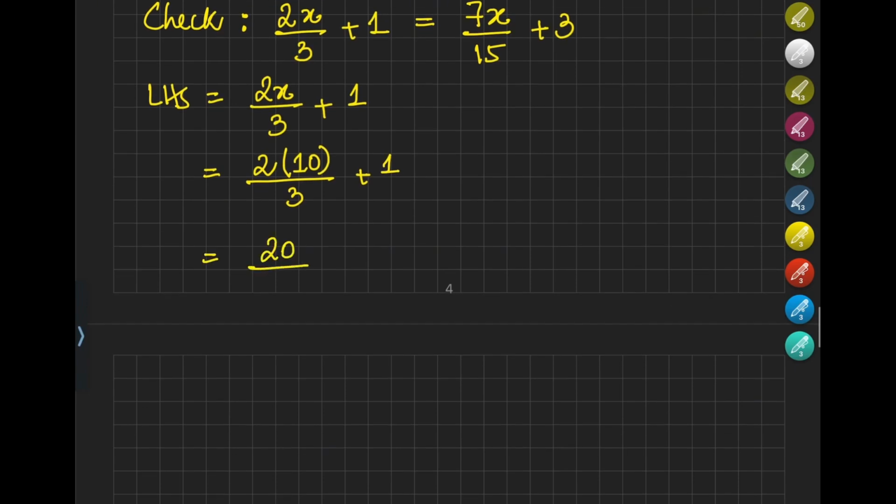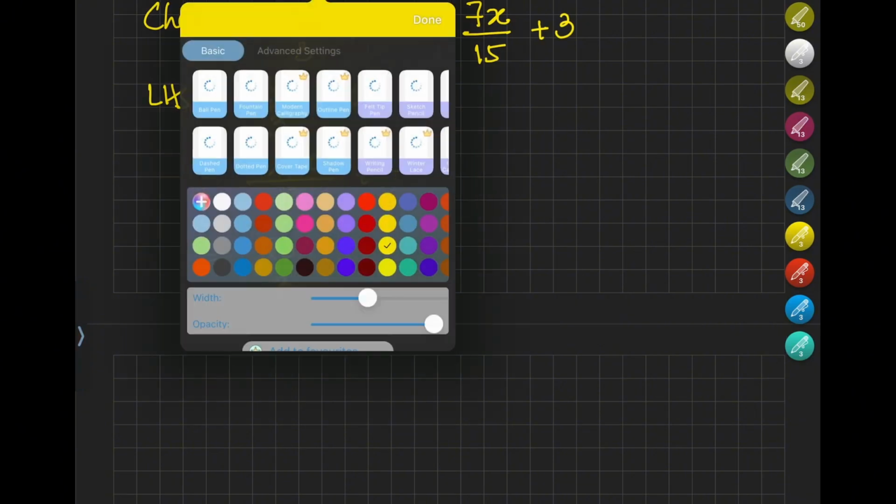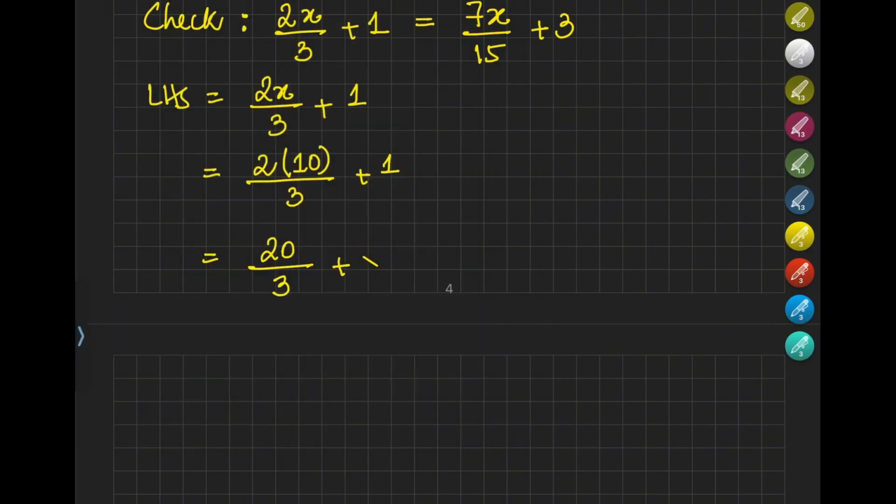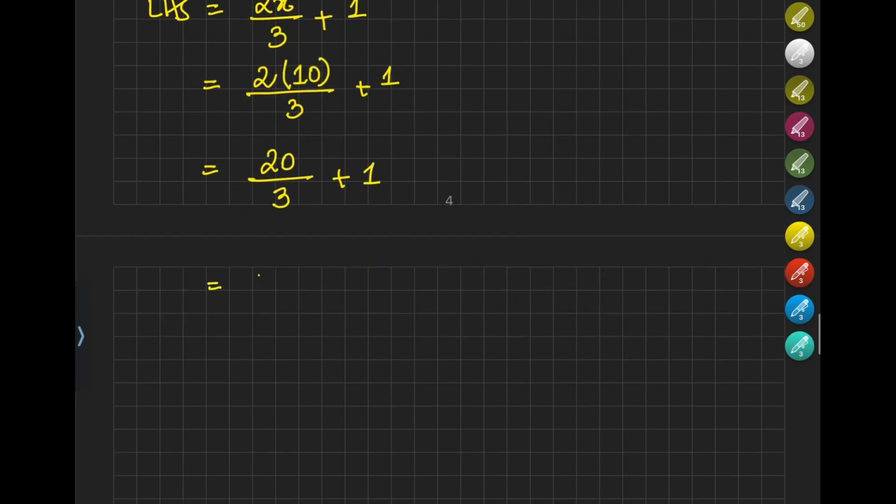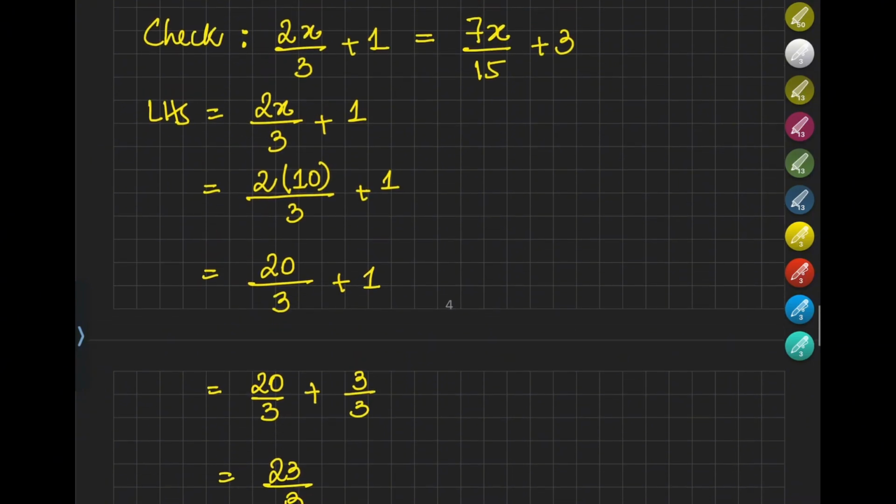So 2 times 10 is 20, 20 by 3 plus 3 by 3, which is equal to 23 by 3 on the left hand side.